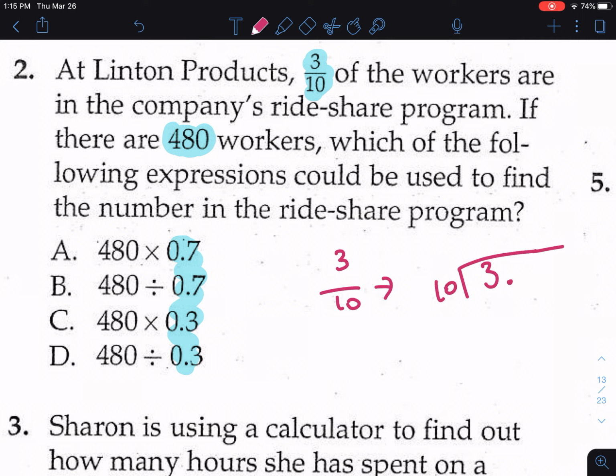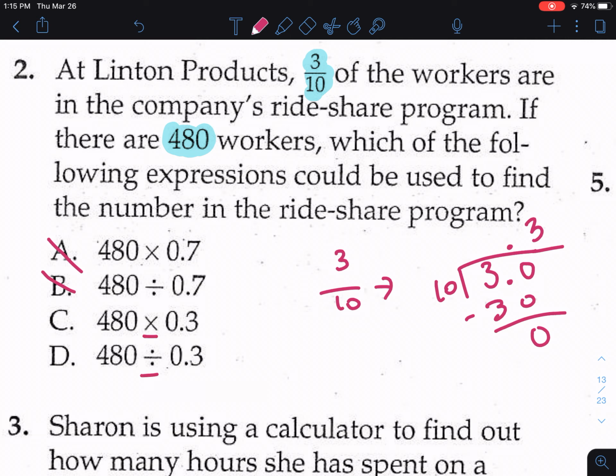So I'm going to put my decimal point there and remember to bring it up. Add a 0 after that decimal because I need some more. So 10 will go into 30 3 times evenly with the 0 remainder. So now with that known, it's definitely not A and it's definitely not B. Now the question is, are we multiplying?